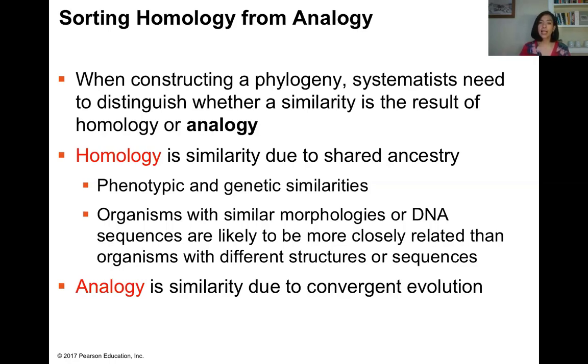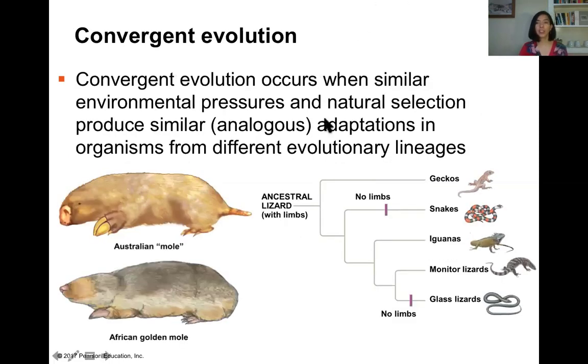In contrast, for analogous features, the similarity is due to convergent evolution. And what's that? Let's look at some examples to clarify. Convergent evolution occurs when we have similar environmental pressures, that is, natural selection acting on the traits to produce similar analogous traits.